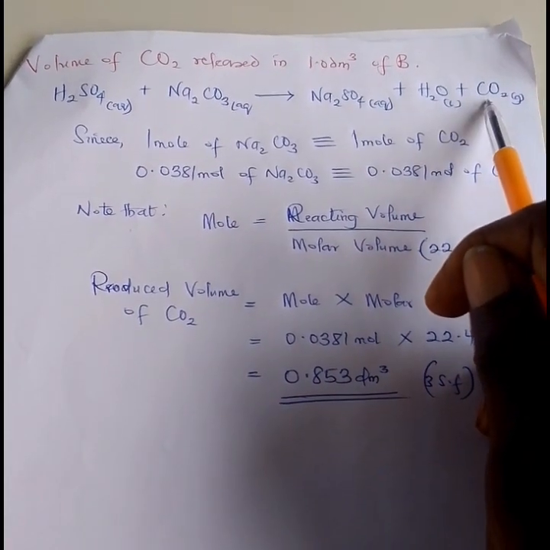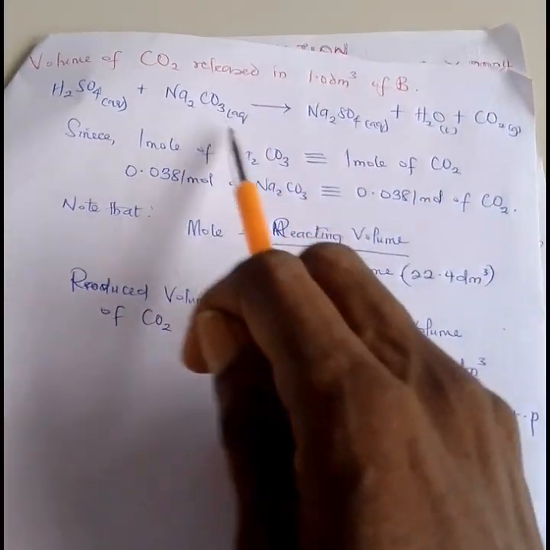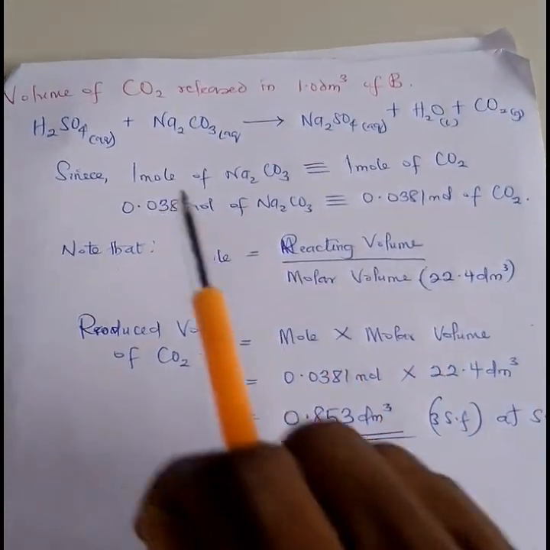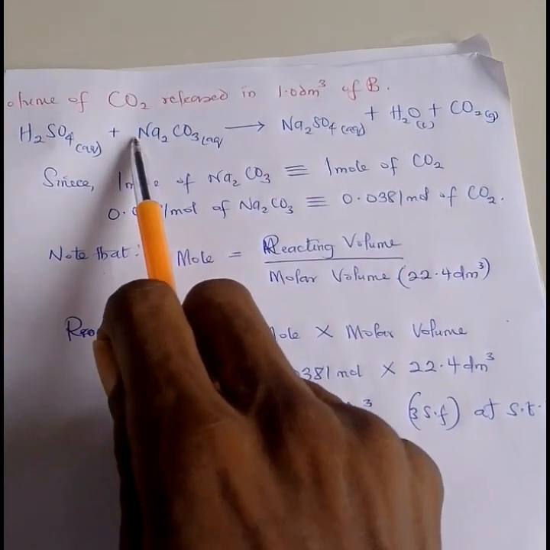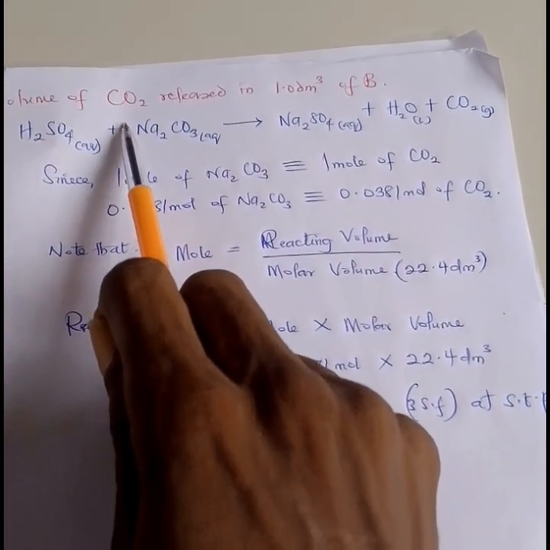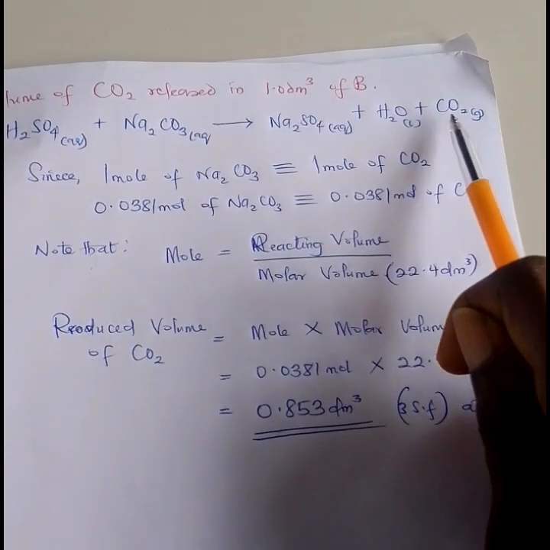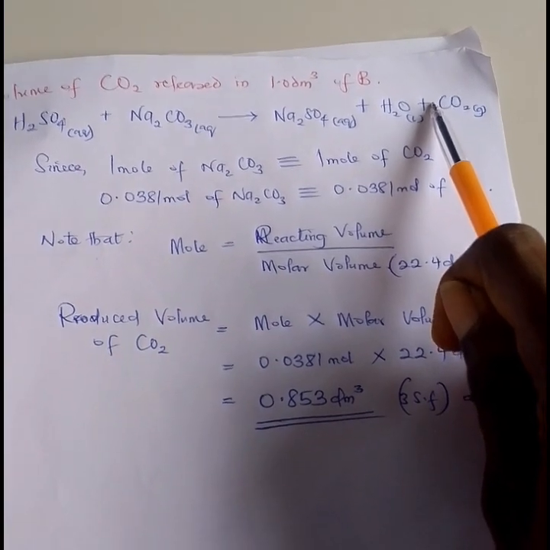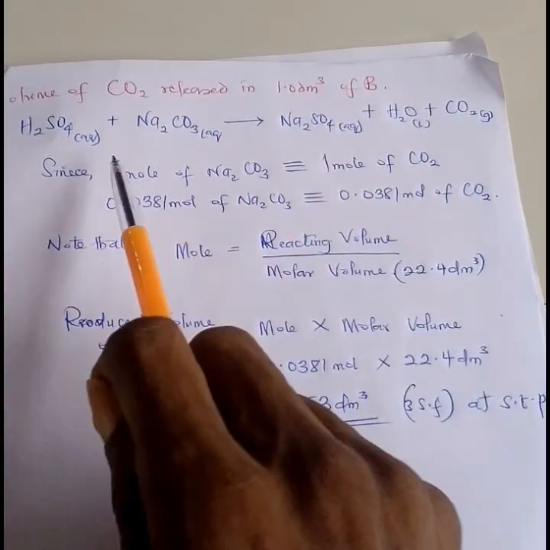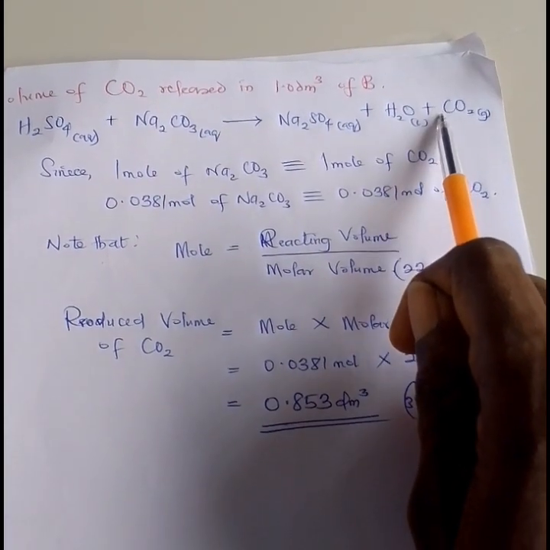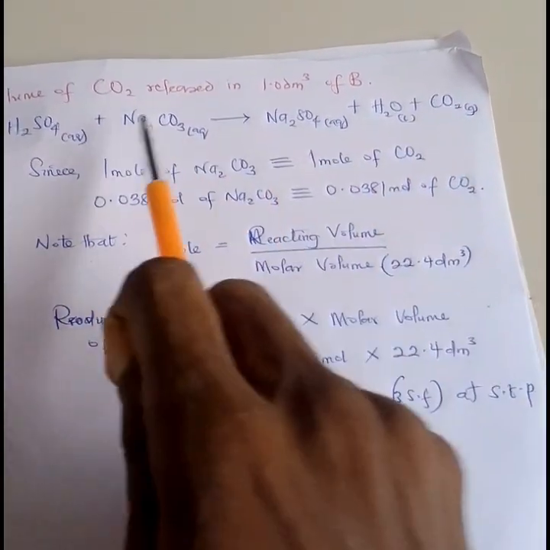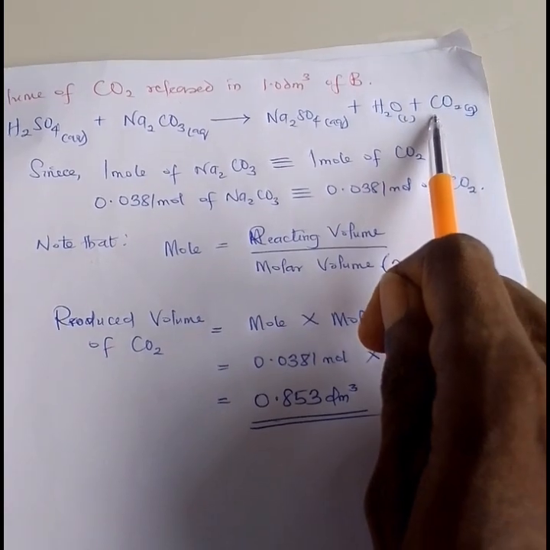Now what we are going to do is to compare B and the gas. Look at the reaction equation, we have 1 mole here and we have 1 mole here. It's not written there, but it is 1 mole. So 1 mole of Na2CO3 is equivalent to 1 mole of CO2 from this reaction equation.